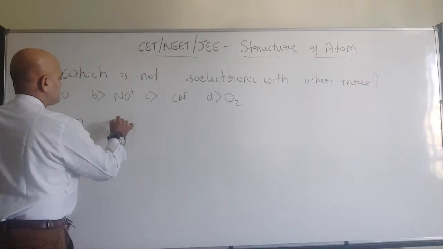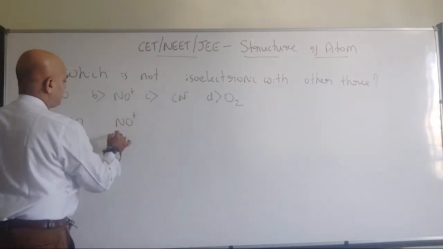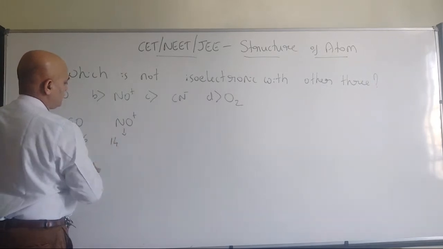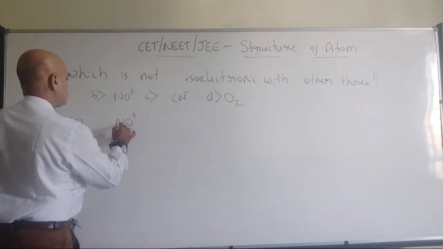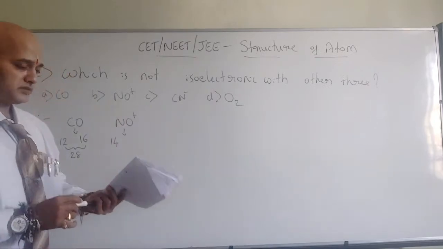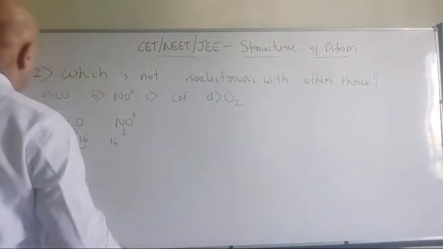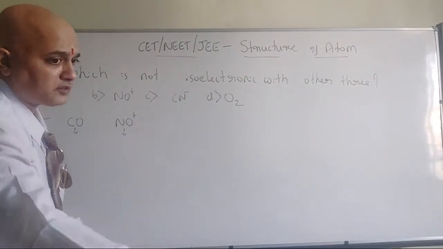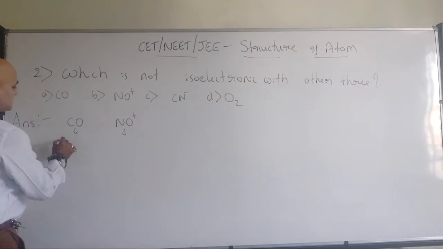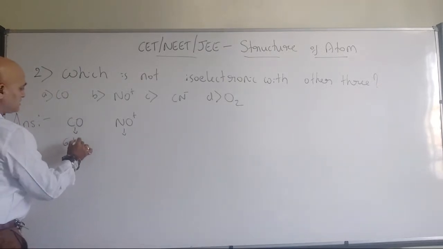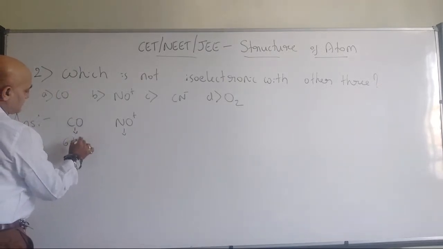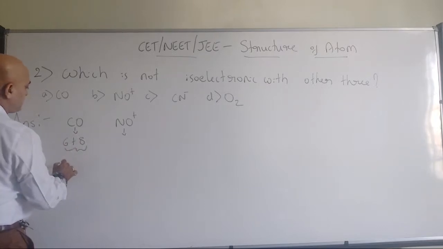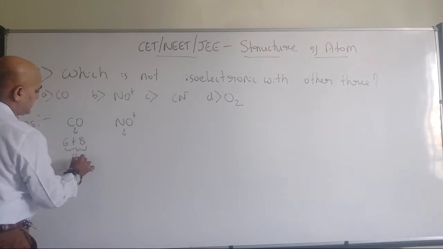Right? Now same way, when I am talking about NO plus, so nitrogen is having how many electrons? 7. Sorry, I was taking it as atomic weight. So carbon is 6 and oxygen is 8, so that's where we have 14 electrons.